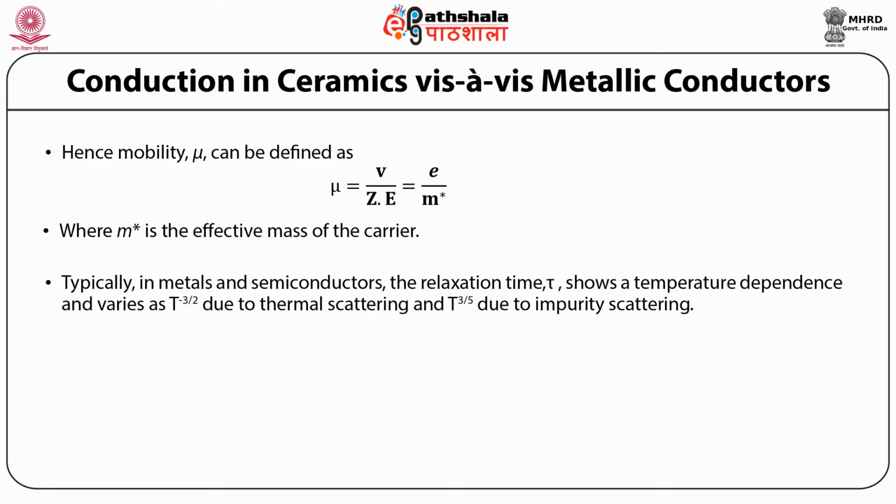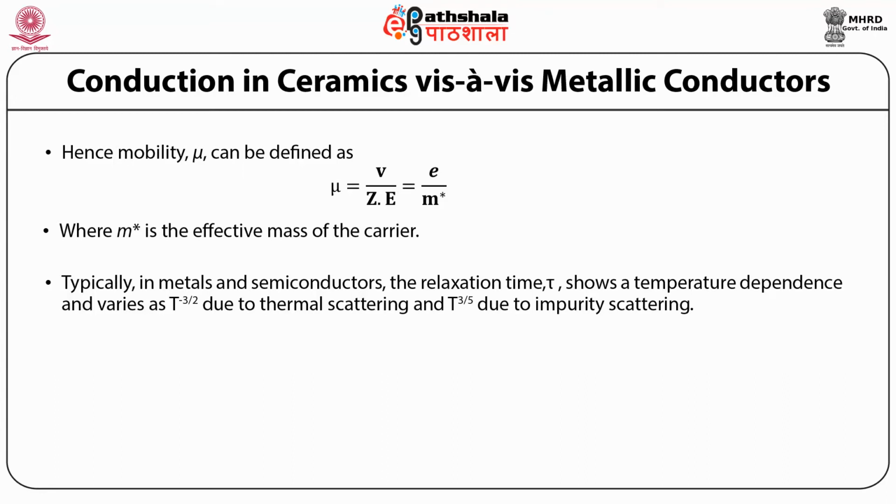Under an applied field E, the force on an electron is given as F equals Z times e into capital E. In such conditions, the drift velocity increases in such a manner that it is expressed by Newton's law of motion.